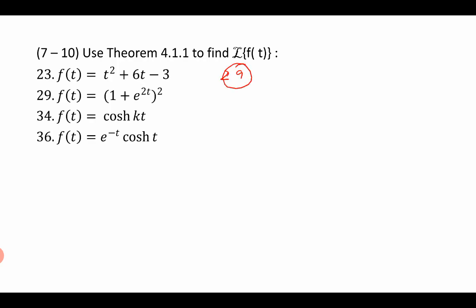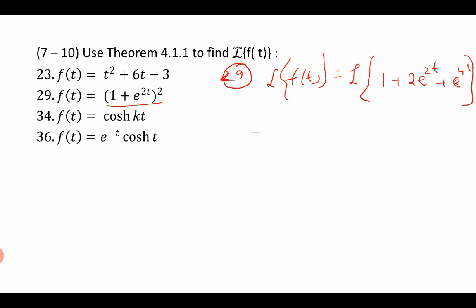Problem number 29. Laplace transform of f of t is equal to, so first expand this one. Expand the square. 1 square is 1, plus 2 times 1 into e raised to 2t, plus e raised to 2t whole square, which is e raised to 4t.